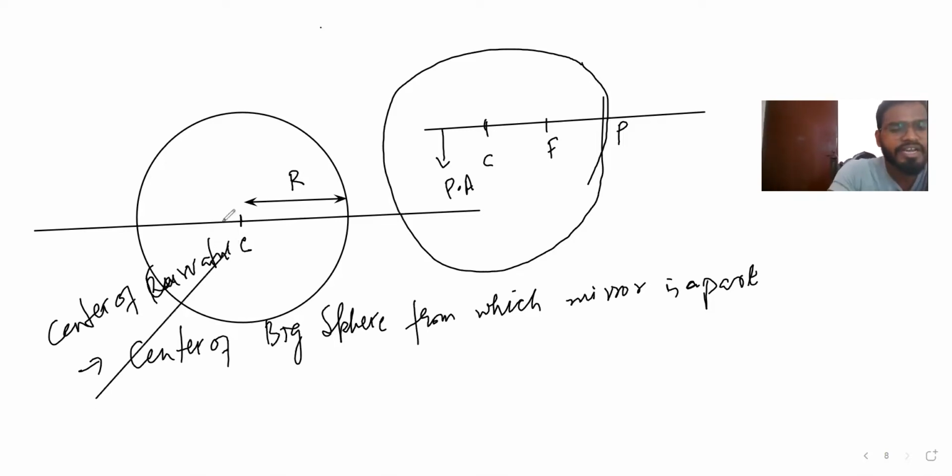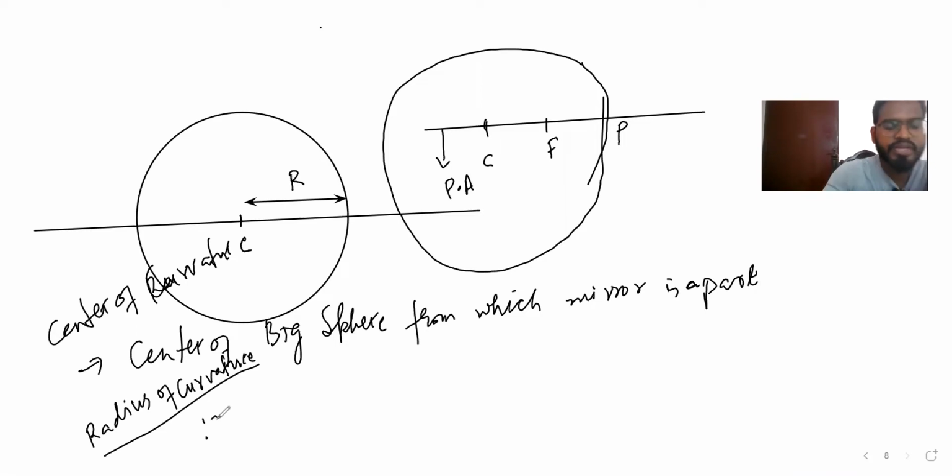Now what, guys? Radius of curvature, right? Radius of curvature, if you will see, is the radius of a big sphere from which the mirror is a part. This part was a mirror, right?